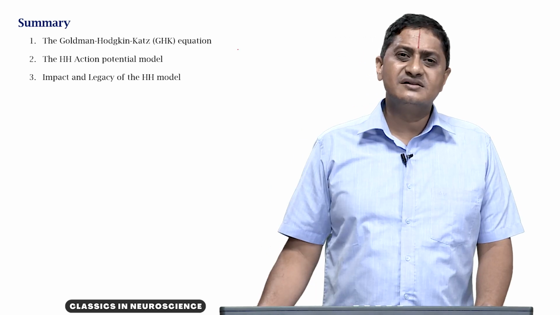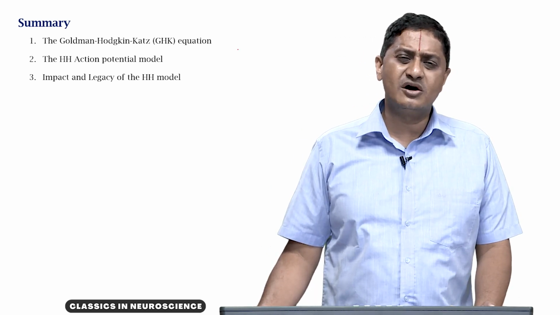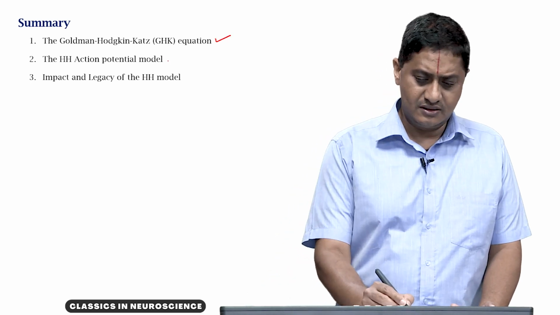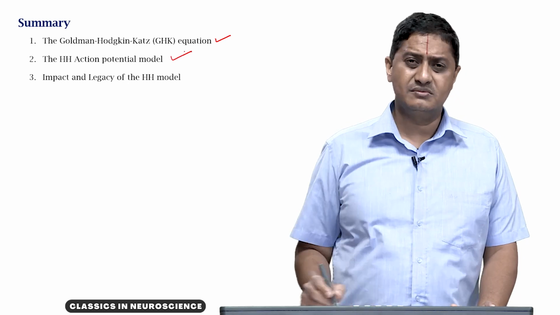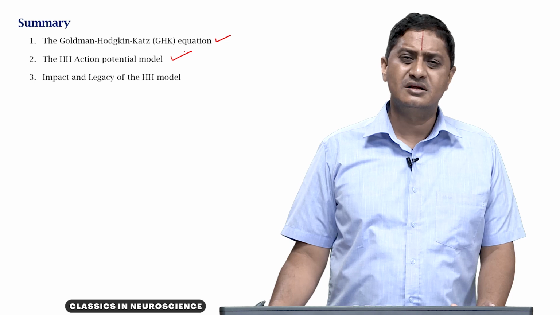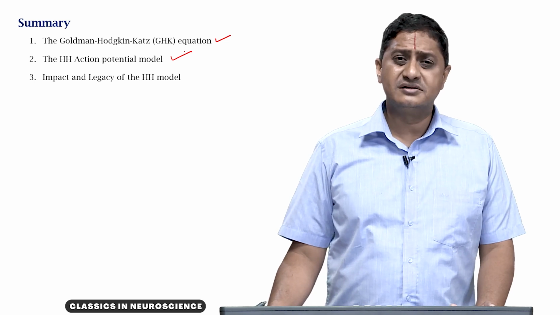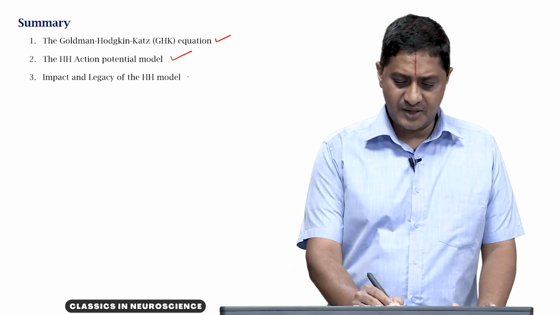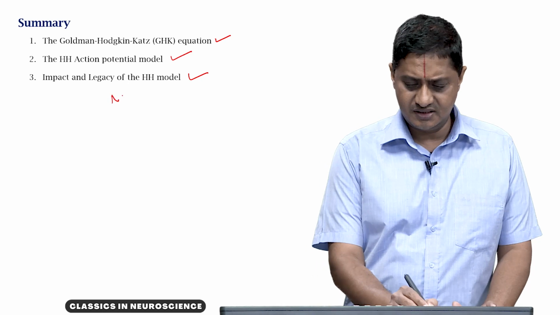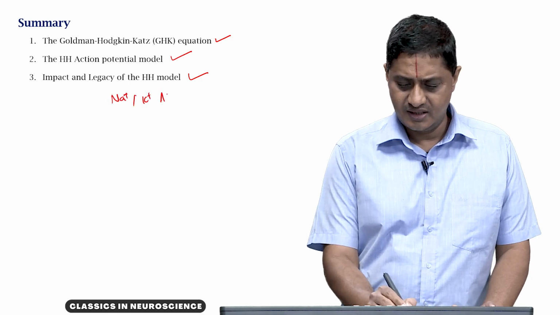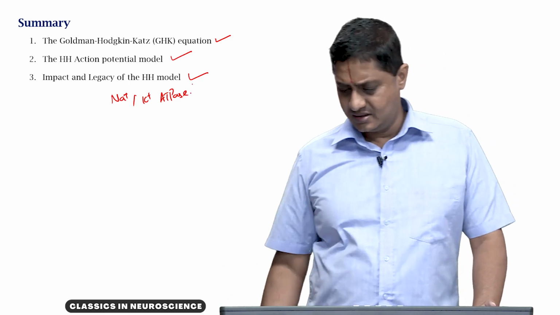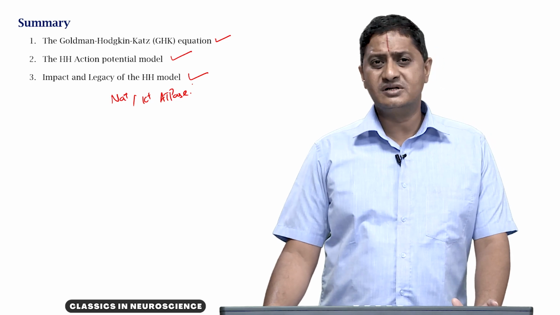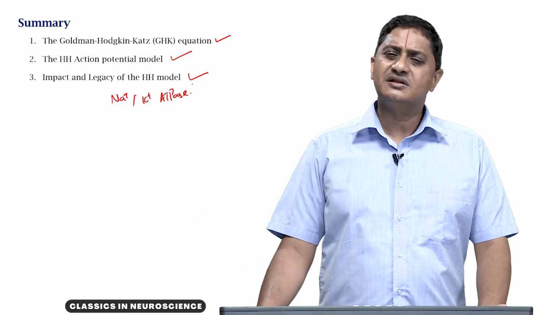In this video, we had a discussion of the Goldman-Hodgkin-Katz constant field equation, and the HH action potential model, that is the Hodgkin-Huxley action potential model that predicted that this was happening due to ion flow, and the crucial impact and legacy of the HH model and the sodium potassium ATPase. With this we come to the end of this video, and we also come to the end of this week's discussion. Thank you very much for your attention.